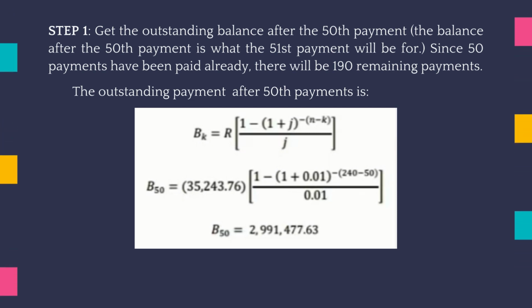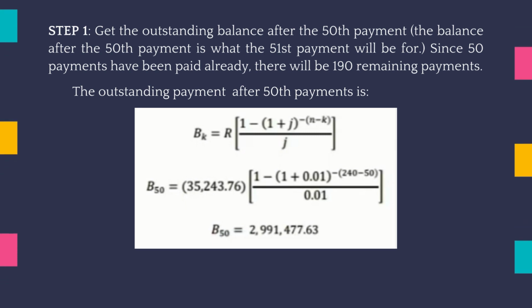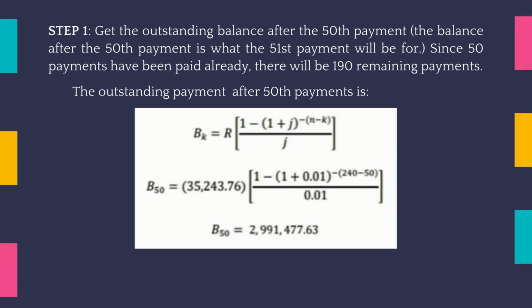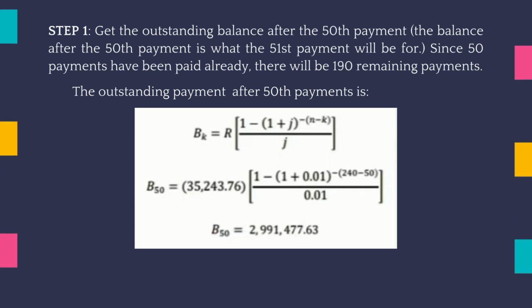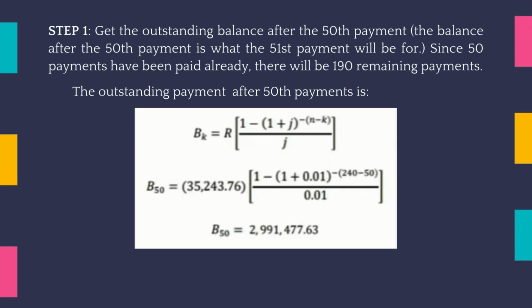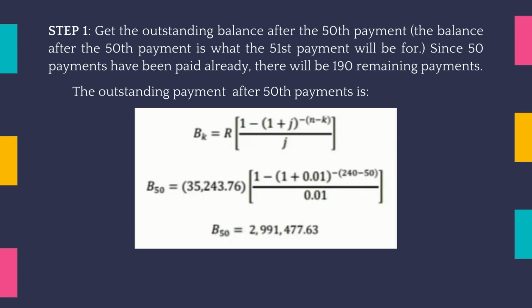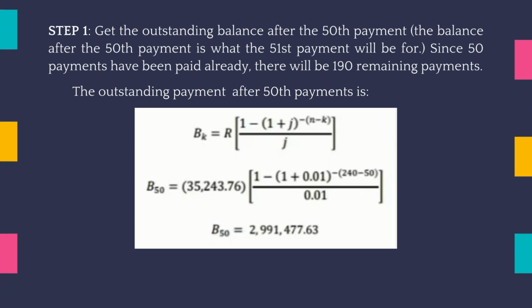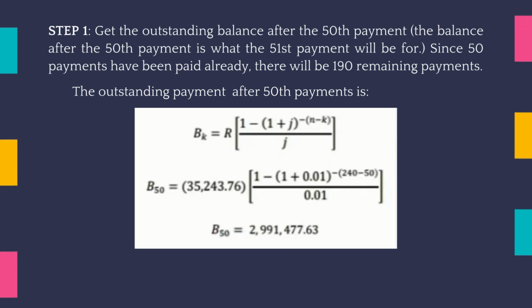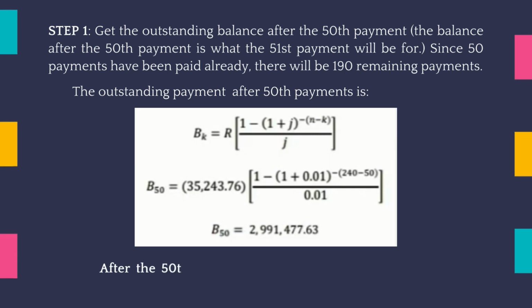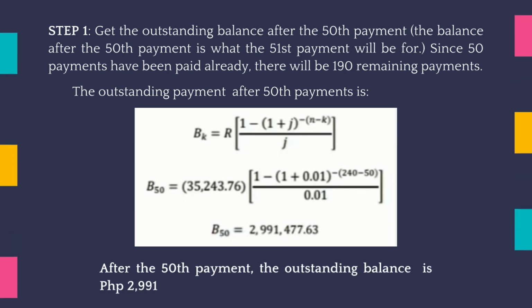And then substitute. So B sub 50 is equal to 35,243.76 times 1 minus 1 plus 0.01 raised to the power of negative 240 minus 50, over 0.01. And so therefore, B sub 50 is equal to 2,991,477.63. And that is our outstanding balance after the 50th payment.